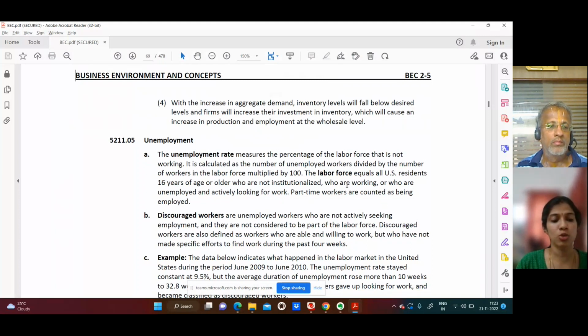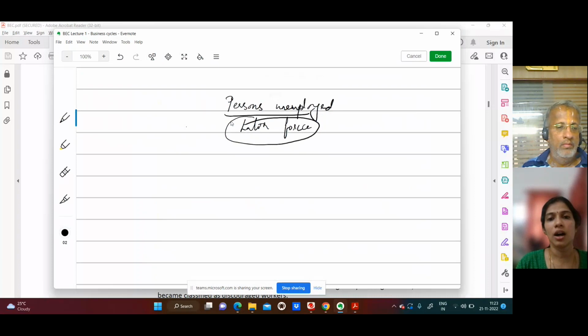So what does your denominator comprise of? It comprises the total labor force of the US, which means the total number of people who are more than 16 years of age. Less than 16 years, you are still not ready to be employed, so you're not part of the labor force.